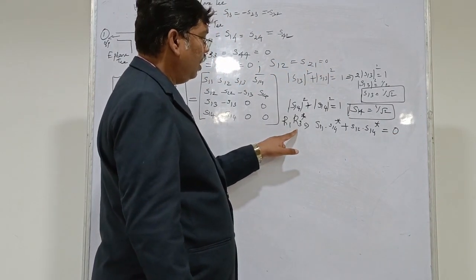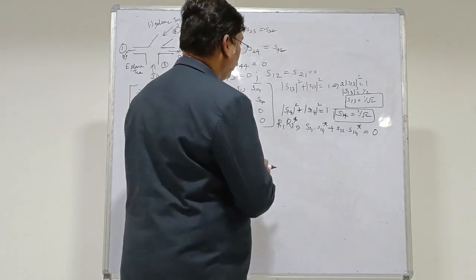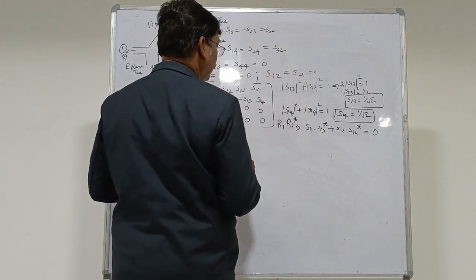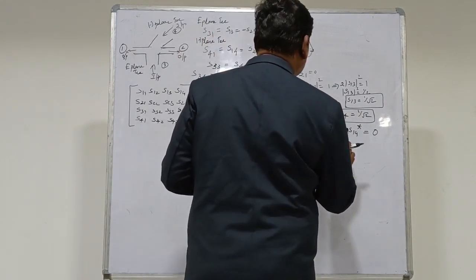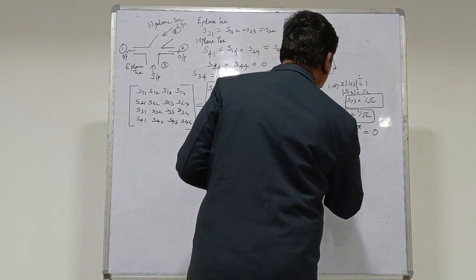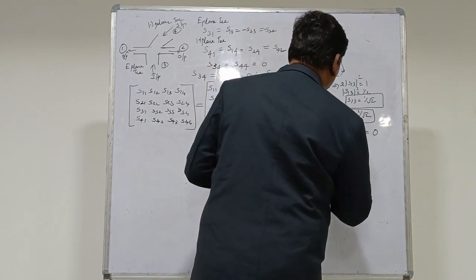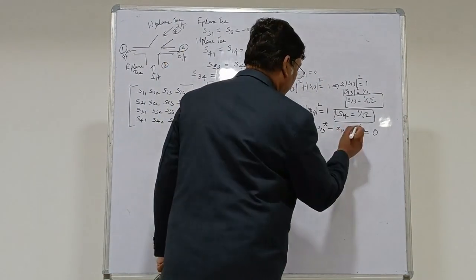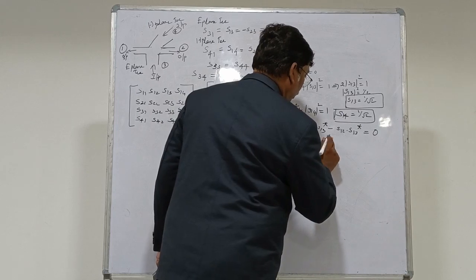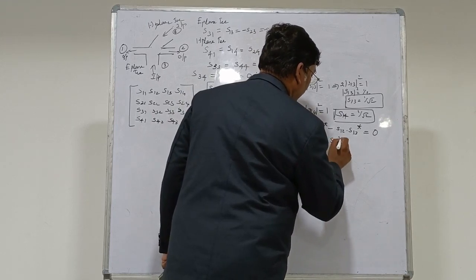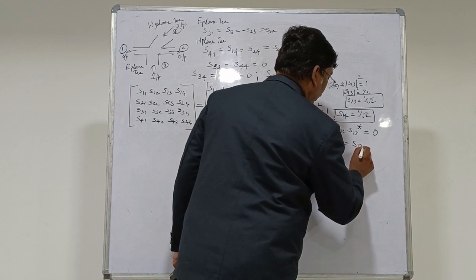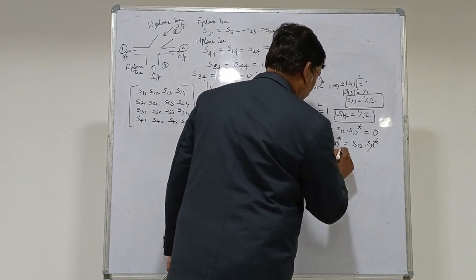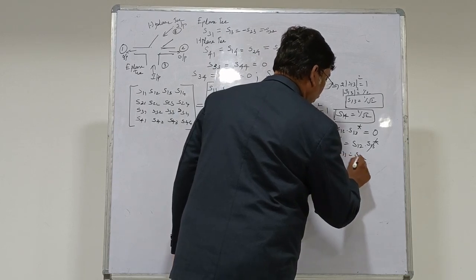This is S13 and this is minus S13 complex conjugate. Either you can do it with row 4; I am doing it with row 3. So S11 into S13 complex conjugate is equal to S12 into S13 complex conjugate. So these two are equal. Now it follows that S11 is equal to S12.